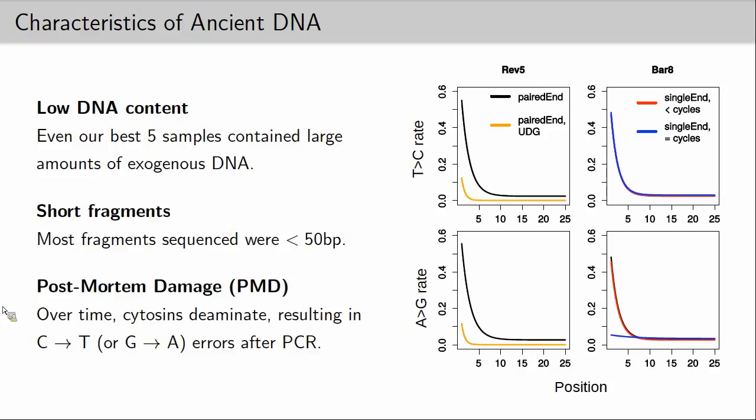Luckily, these errors do not just occur randomly, or I mean, they do occur randomly in the fragments, but there's still a certain type of distribution that comes with the position in the read. What I showed here in the picture are these distributions that we inferred for two of our samples.